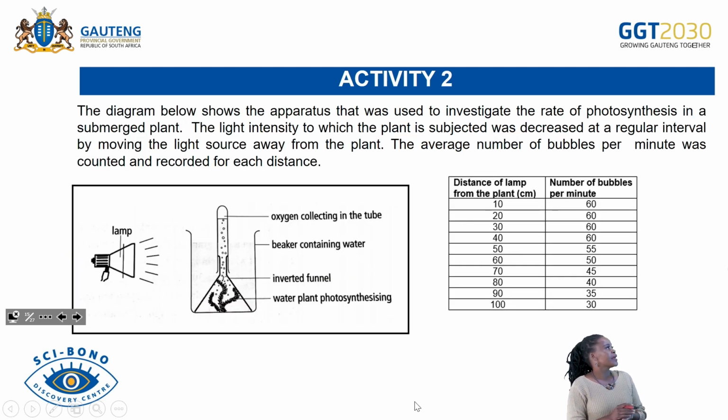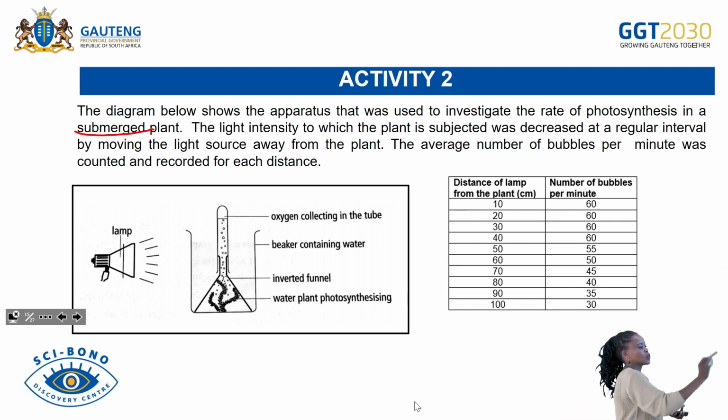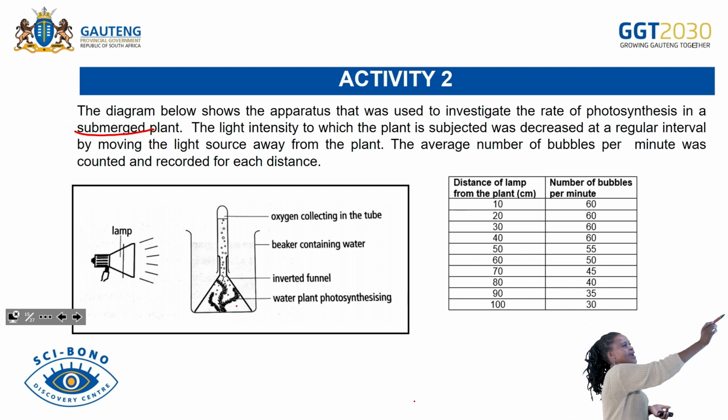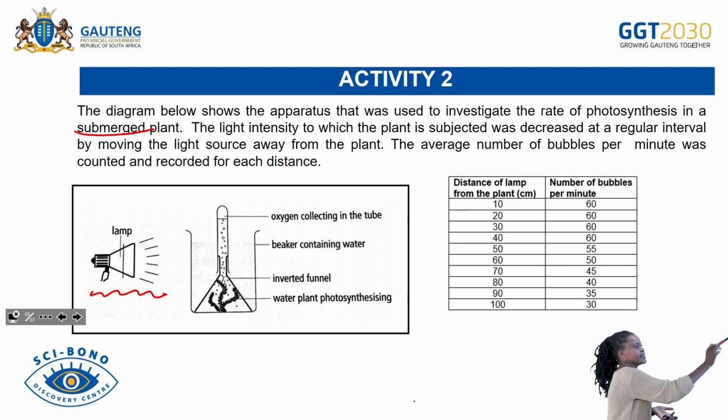Activity 2. The diagram below shows the apparatus that was used to investigate the rate of photosynthesis in a submerged plant. So this is our submerged plant. The light intensity to which the plant is subjected was decreased at irregular intervals by moving the light source away from the plant. So this is the light intensity which is coming from the lamp.